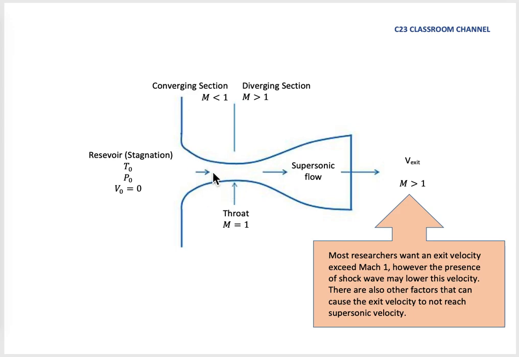When the cross-section becomes lower and lower, as you know from the basic idea of the Bernoulli equation, the velocity will increase, and if the condition is incompressible, the flow is not so high in velocity. After the gas goes through the throat, the cross-section area becomes larger again, and for incompressible flow the velocity will decrease because the cross-section increases.